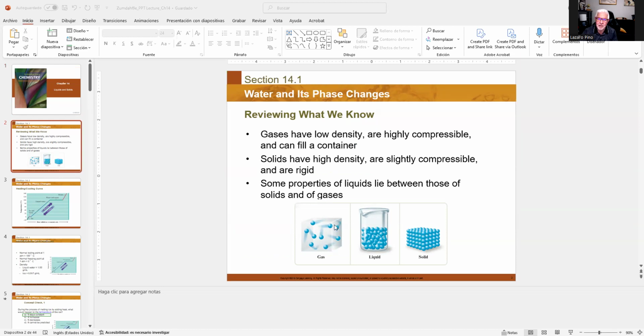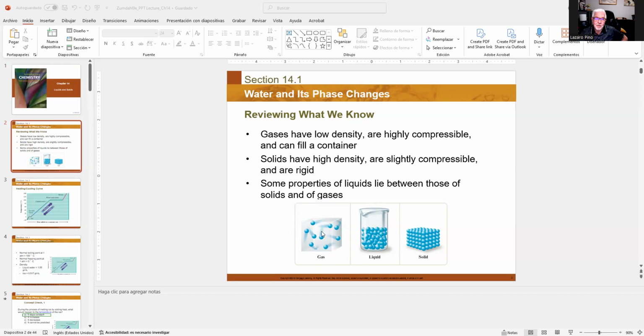As you can see, the gases have a low density and they are very compressible and they can fill a container. So no volume and no shape is fixed.